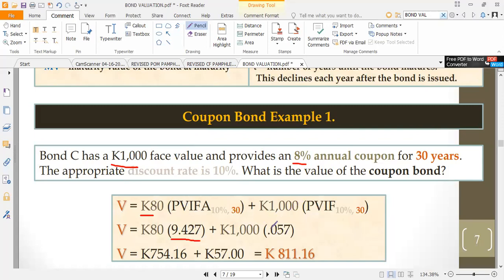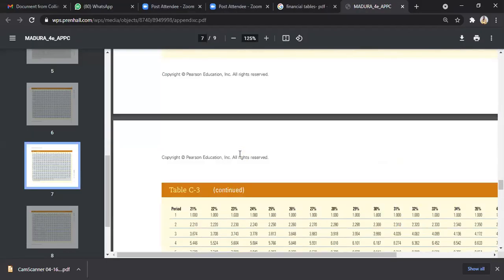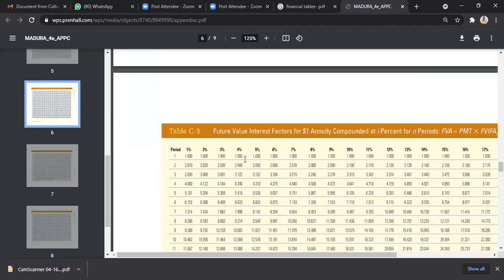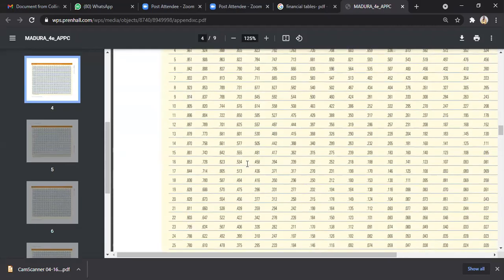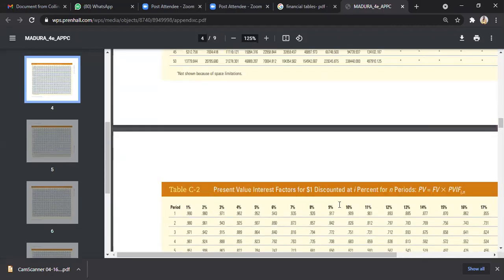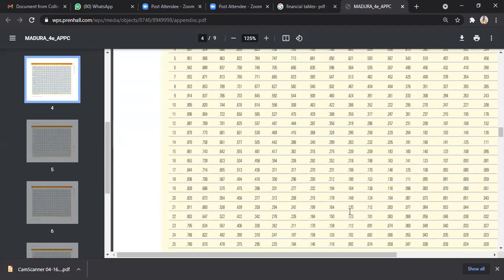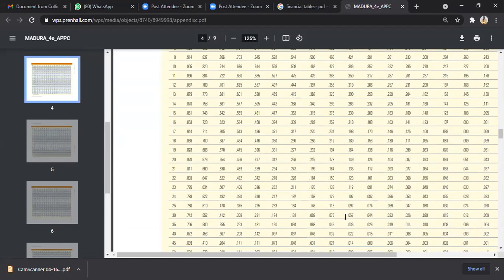Then here we put 1,000, then the interest factor, 10% under 30. We go back to present value interest factor, 10% here under 30. This is giving us 0.057.